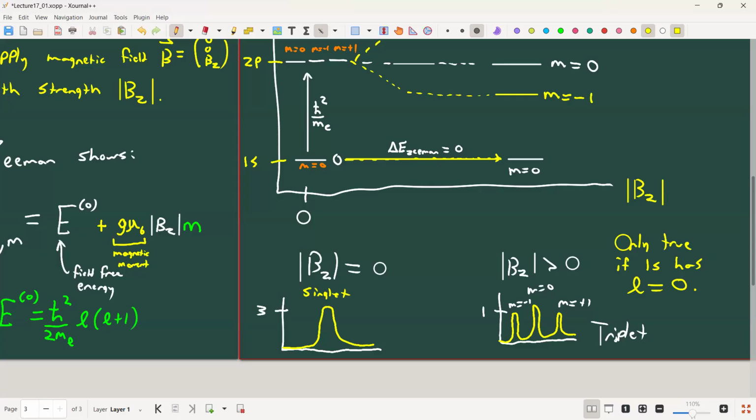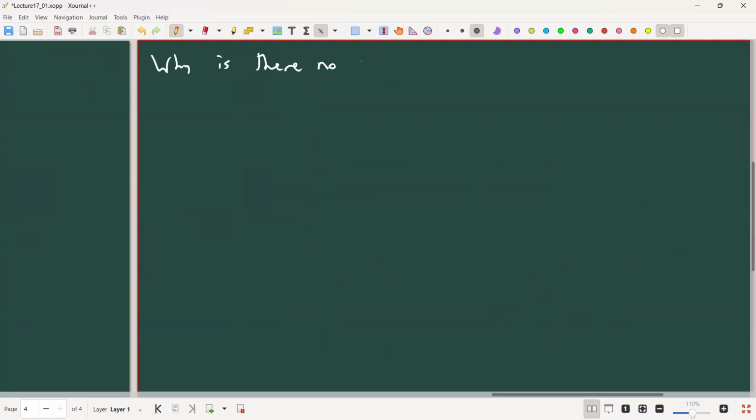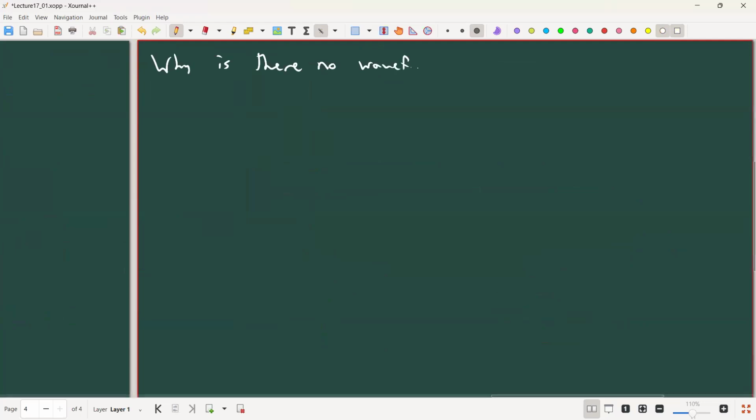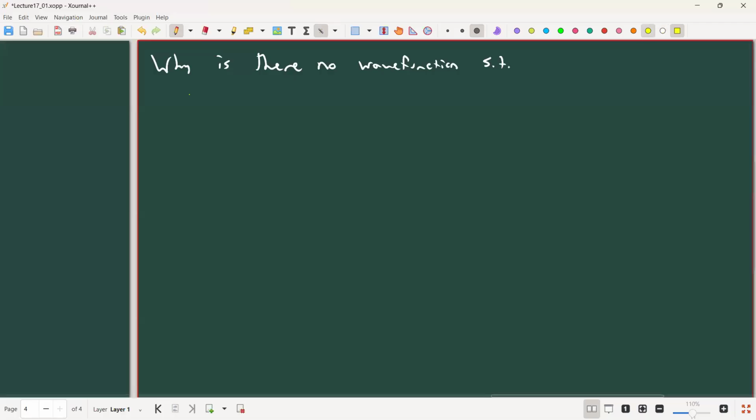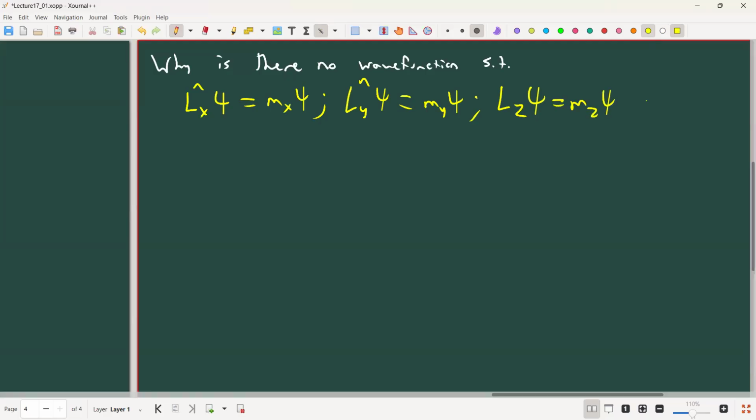Right? It's very interesting. So the theorem is this. So why is there no wave function such that Lx psi gives you mx psi, Ly psi gives you my psi, and Lz psi gives you mz psi simultaneously?